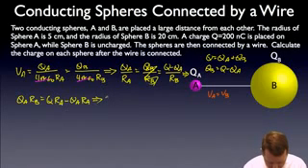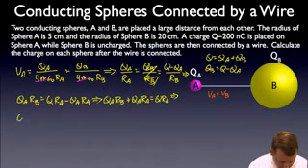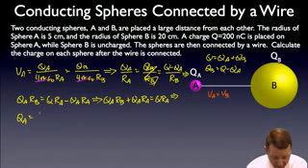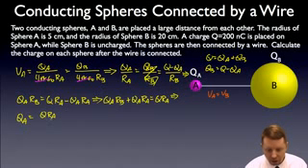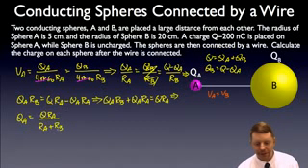We could say that QA RB plus QA RA equals Q RA, or solving for QA, the charge on A must equal Q RA over RA plus RB.